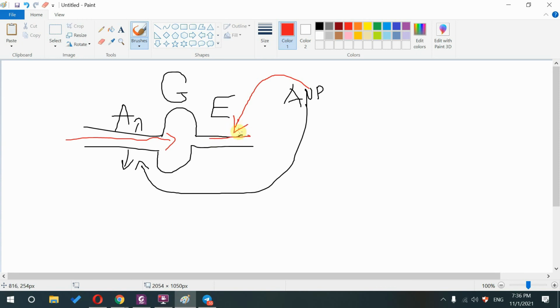And he constricts, so it becomes smaller. So what will happen to the intraglomerular pressure? What will happen to the pressure inside of the glomerulus? Increases. Good. If the pressure inside of the glomerulus increases, what will happen to the filtration? Increase. The filtration will increase, guys.